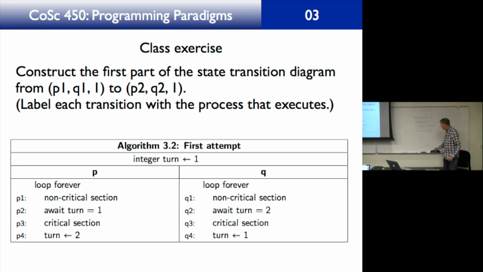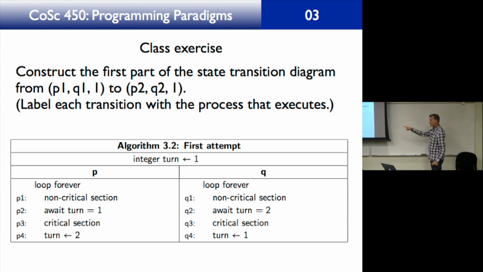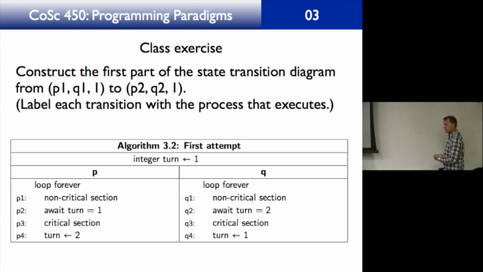I need a darker pen. So focus on the board here, because we're going to analyze this by doing a state transition diagram. In each state, what we're going to write down is the statement in process P that's able to execute next, the statement in Q that's able to execute next, and the value of turn.